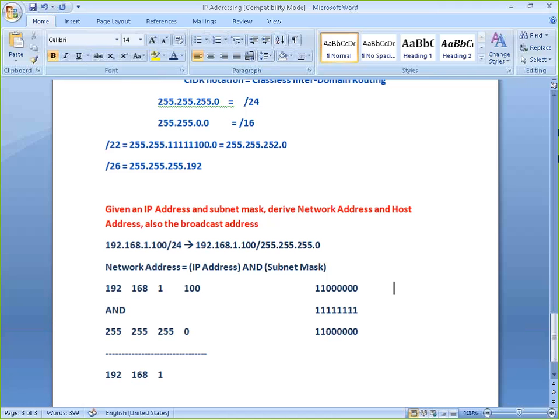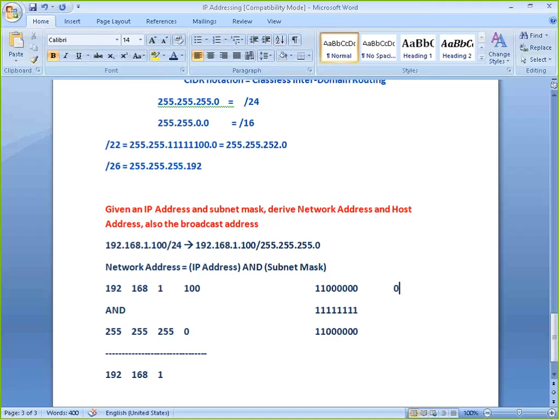But before that, let's put up the equivalent of 100. Let's represent 100 in terms of binary. So 100 in terms of binary is going to be 0, 1, 1, 0, 1, 0, 0, 0. That is what is 100. Do you agree?